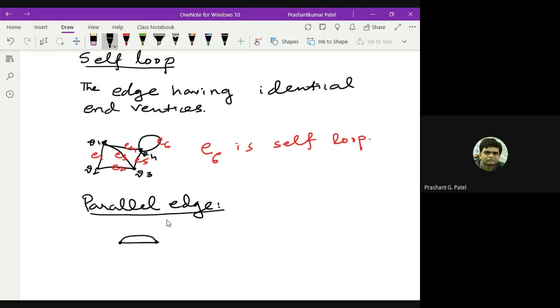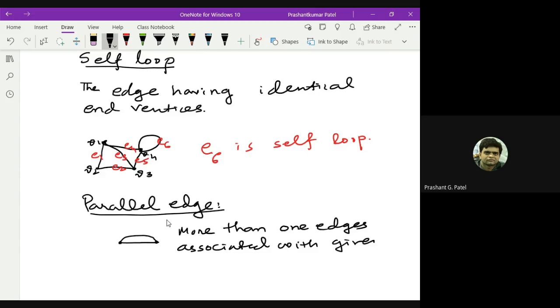More than one edge associated with a given pair of vertices is called parallel edges. Okay, these edges are referred to as parallel edges.